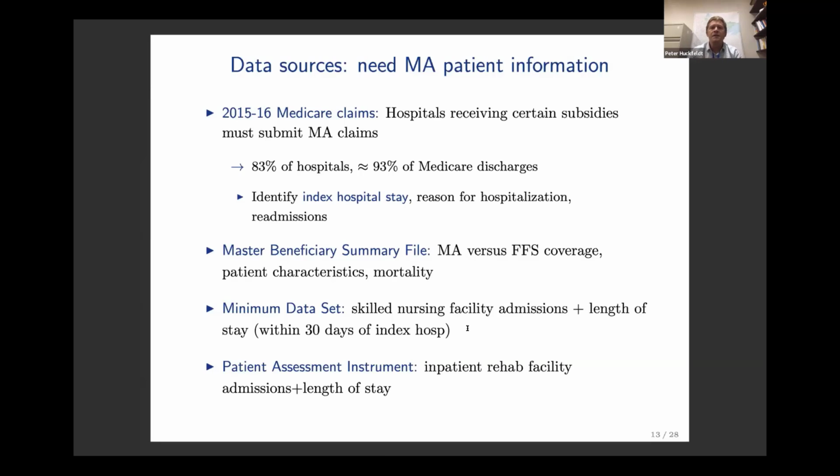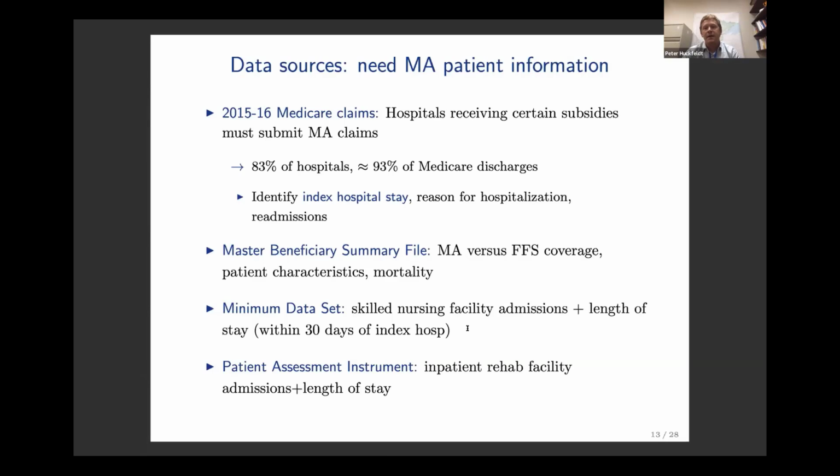So we're using the fact that hospitals that receive certain kinds of educational subsidies or subsidies for having lower income caseloads are required to submit encounter claims for Medicare Advantage. Our estimate is that these hospitals comprise about 93% of Medicare discharges. So it's most hospitals and really the important hospitals.